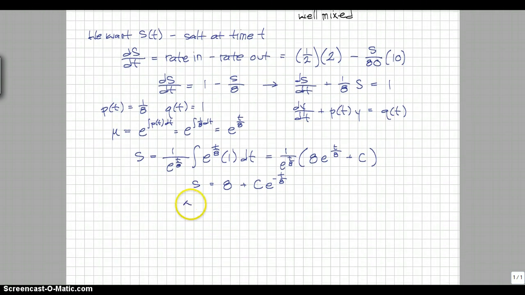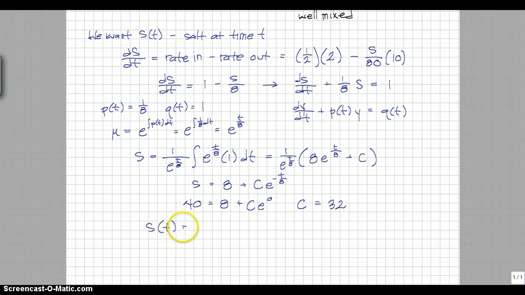So we know there are 40 pounds of salt when t is 0, so we actually have 8 plus C times e to the 0, which means C is equal to 32. And we can finish our solution.